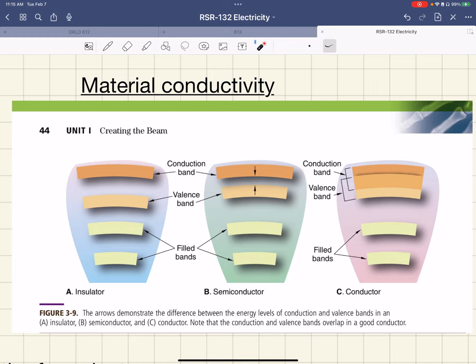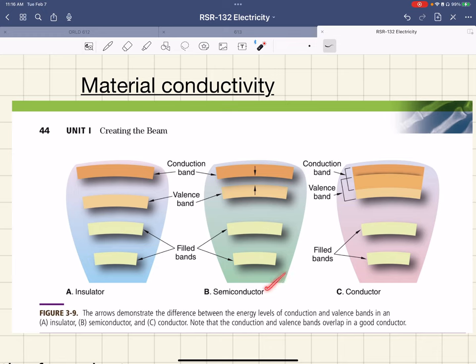If we go up the line here, you can see with a semiconductor, they're a little bit closer together. And typically with semiconductors, there are certain situations where electrons flow freely, and there are other situations where electrons don't flow at all. And those are typically introduced with different materials or different stuff that we do to permit electron flow or not.